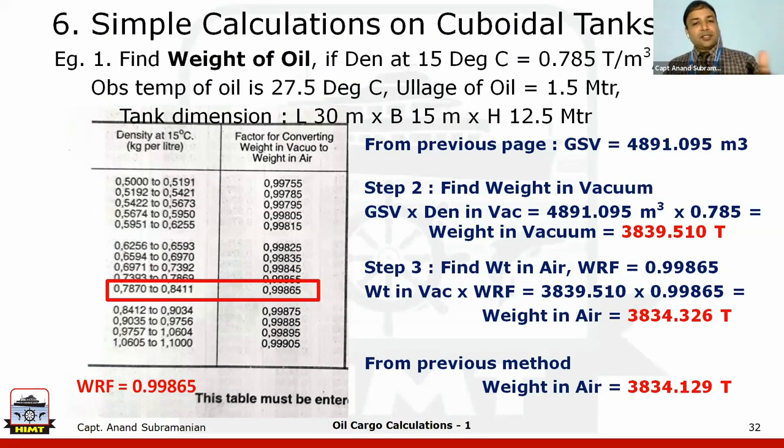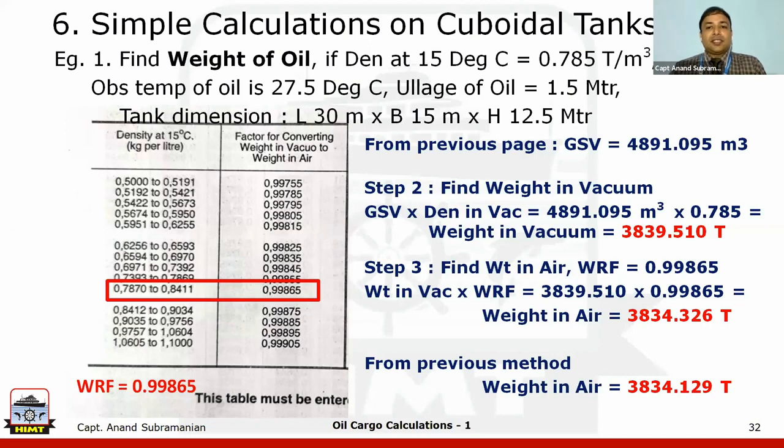Is it clear? I saw in the chat there was one question from somebody. Why does the surveyor give us the density as 0.785? This is the density in vacuum, not in air. But life can't be that simple. This is a small amount of work we have to do. And as I said before, all that the surveyor gets is from the laboratory, which works at standard temperature and in very ideal conditions.